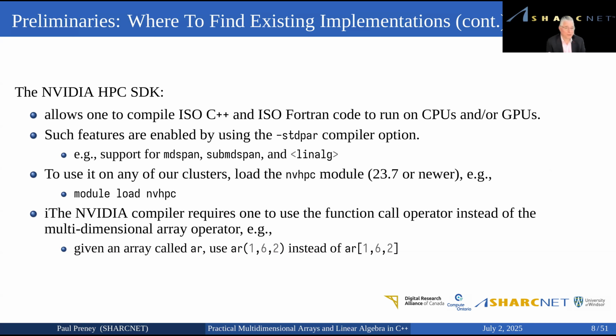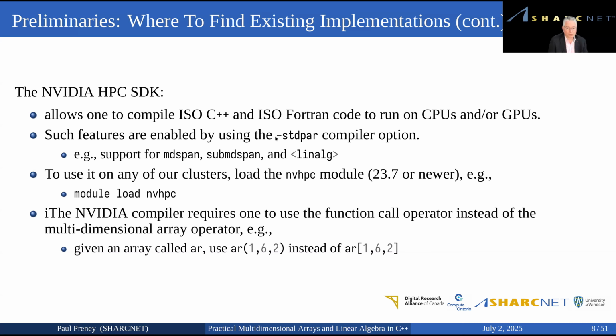Why use the NVIDIA HPC SDK? Well, you can use it for GPUs, yes. You can also use the NVIDIA compiler and compile only for CPU. If you don't have an NVIDIA card in your computer but you install this compiler, you can use it as long as you tell it to compile only for CPU and not GPU. Things will work.